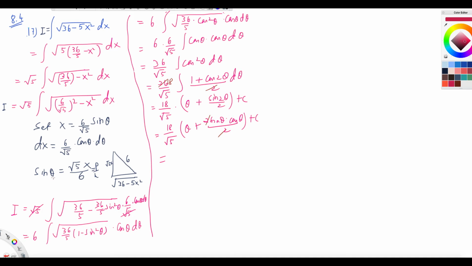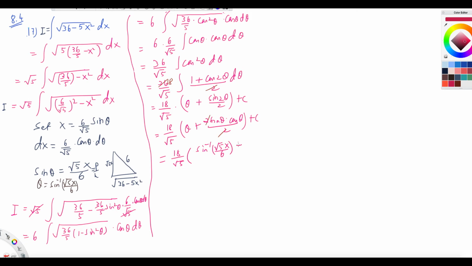What is theta? Theta equals sine inverse of root 5x over 6. So let me put that value: 18 over root 5, and then sine inverse of root 5x over 6.